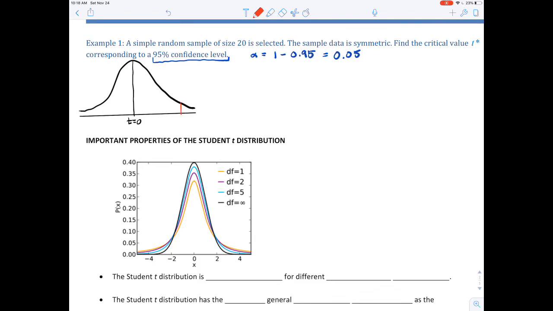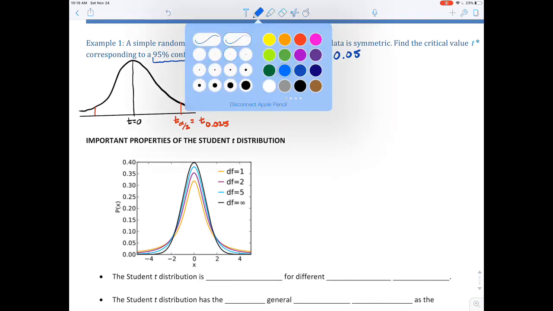So we have this symmetric bound, and this is going to be t of alpha over 2. And what's that going to equal? T of 0.025. Good so far?